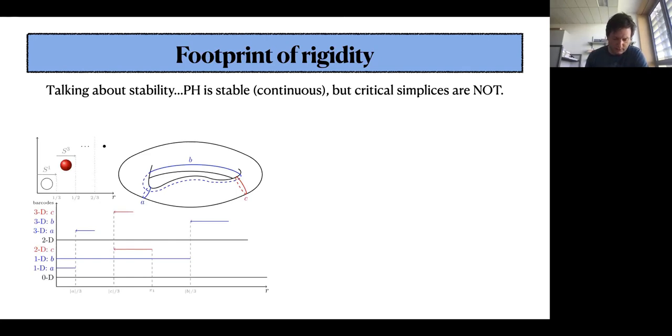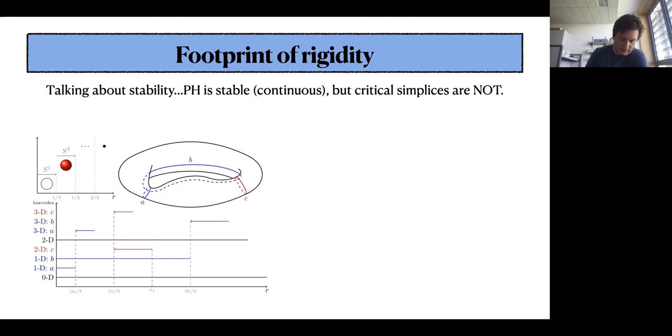So let's see what I mean by this non-stability. If I deformed my torus so that I thickened this part a little bit and made this part a bit thinner, then C would become a part of the shortest homology basis.